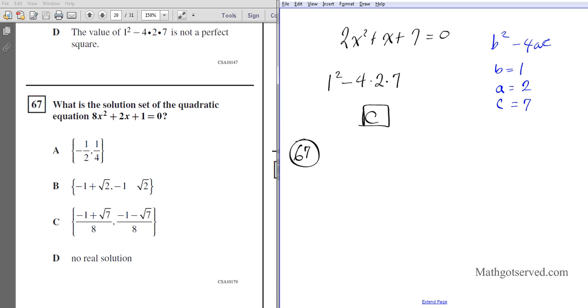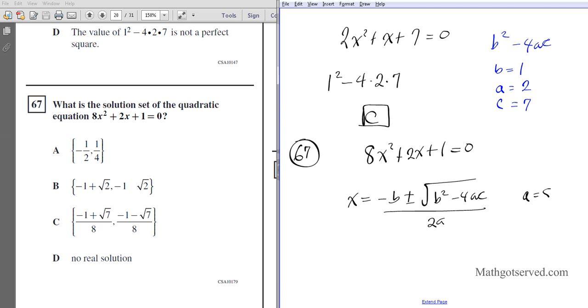Alright, so let's do this. I have 8x squared plus 2x plus 1 equals 0. I'm going to plug it into the quadratic formula: x equals negative b plus or minus the square root of b squared minus 4ac over 2a.